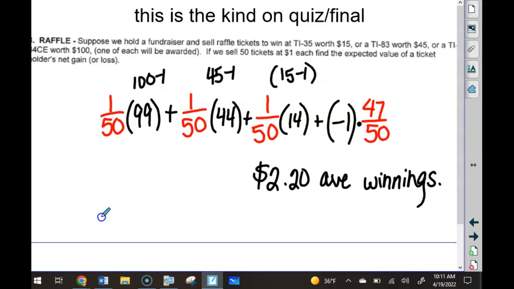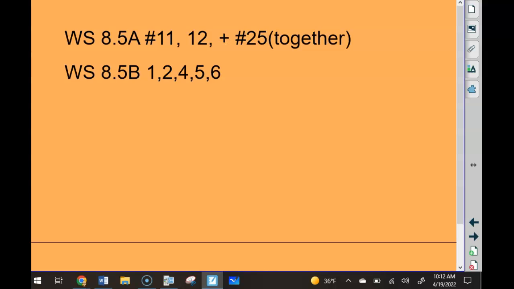We only sold $50 worth of tickets. So you better hope somebody donated those 3 calculators, right? Because we didn't make anything if we had to pay for the calculators. That's why this came out positive. So it's a better chance that someone comes out ahead in terms of financial gain, but you still have a 47 out of 50 chance of losing your dollar. It's not a good fundraiser if we had to pay for the calculators.